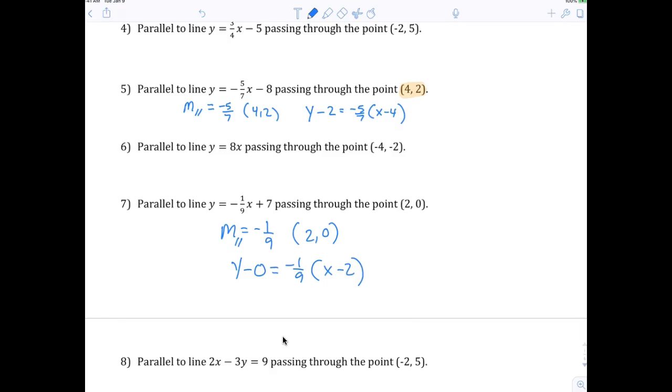The first thing I want everybody to do is go to Y1, clear everything out, and graph y equals negative 5/7 x minus 8. What we're doing right now is graphing this line right here. Everybody okay with that?